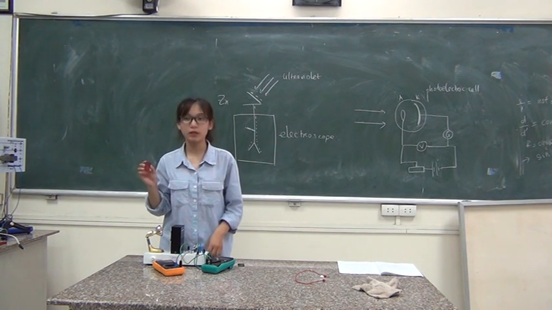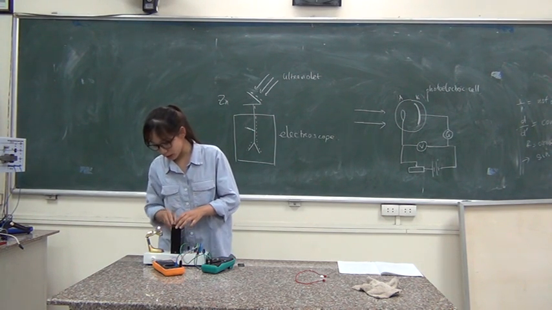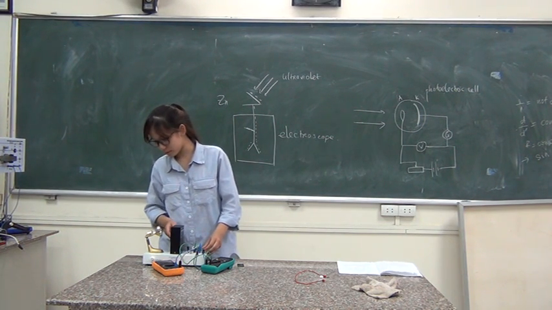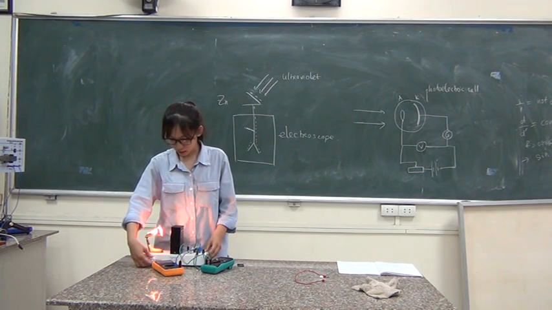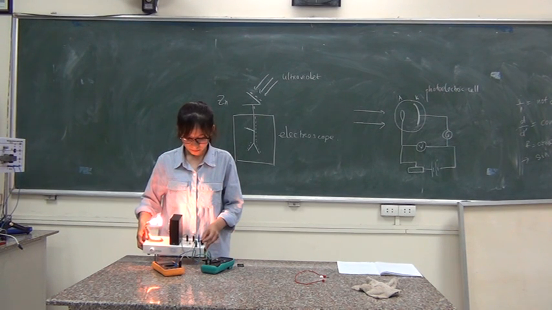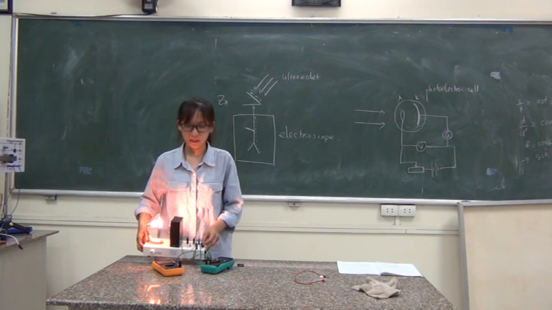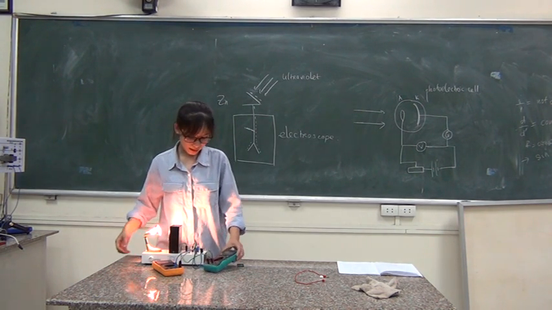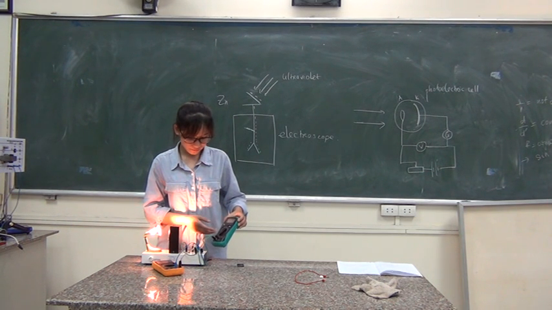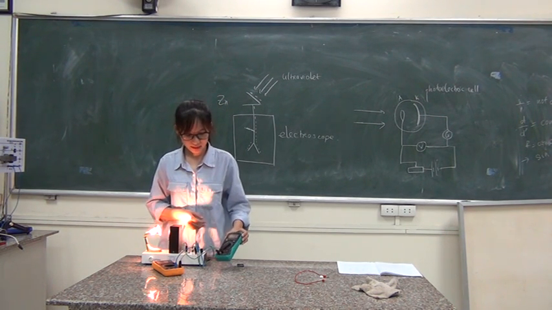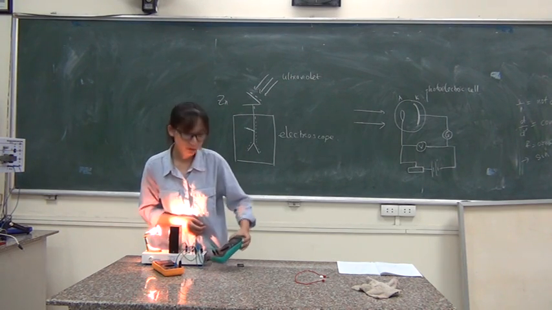The first filter I will use is the red one, to put in here to create the red light, and turn on this one, and also change the value of the resistor. And the value of the ammeter that I can read is approximately 1.6 microampere.